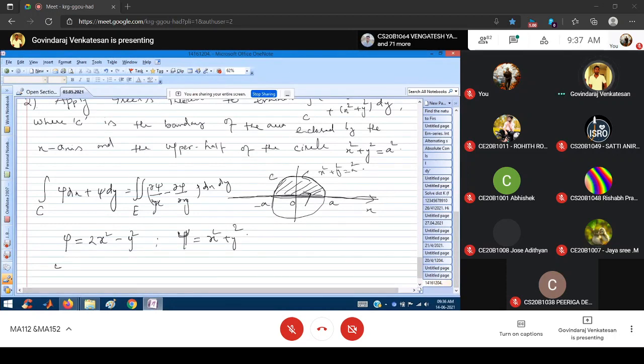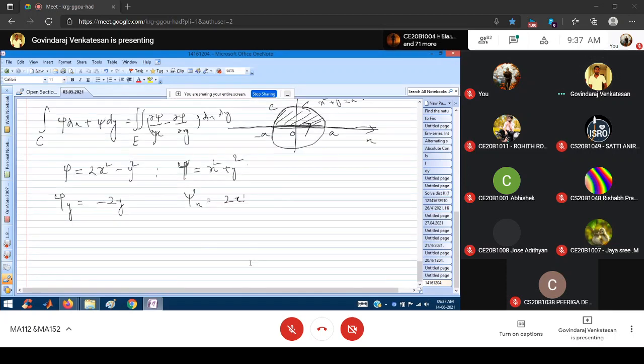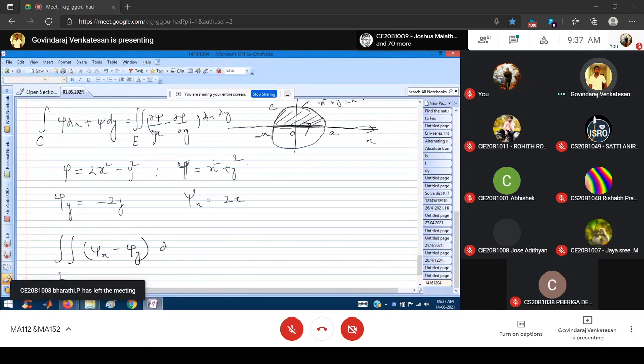Just calculate phi y and psi x. So phi y is minus 2y and psi x is 2x. Now we have to find the double integral over E of psi x minus phi y into dx into dy.